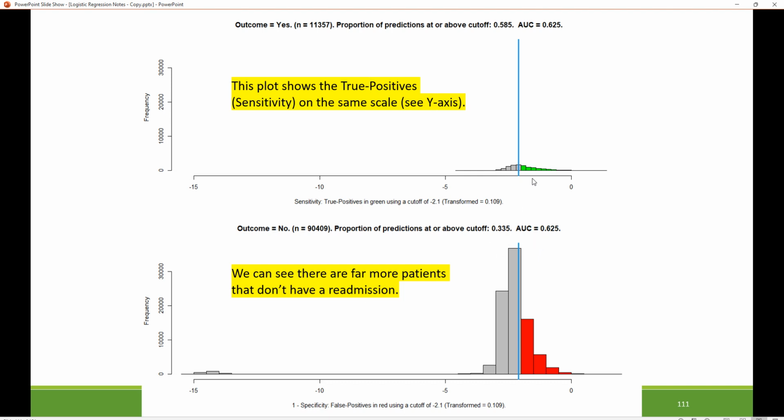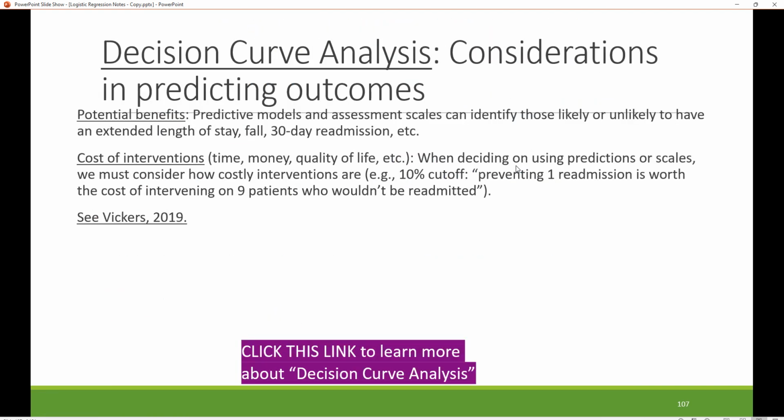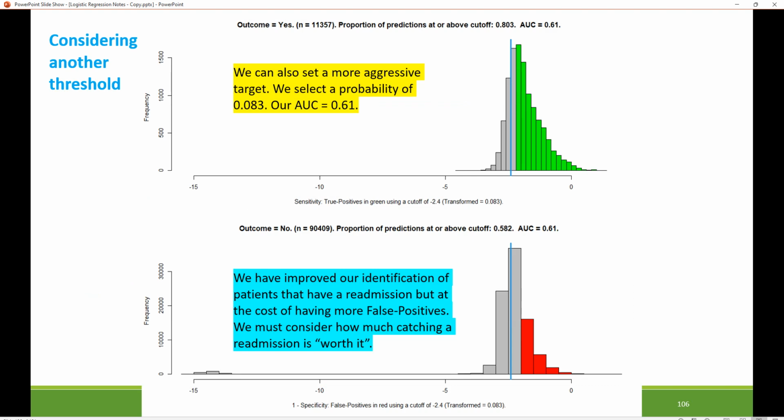On the top graph, we have those patients who had a 30-day readmission. You can see these bars look a lot smaller, and the green and the gray are a lot lower than what we saw in this graph.